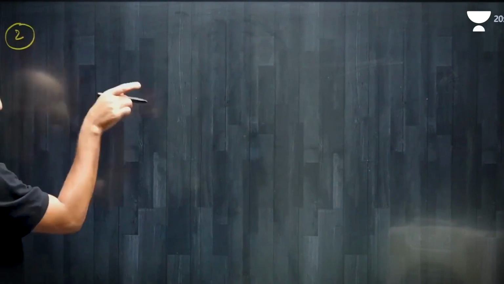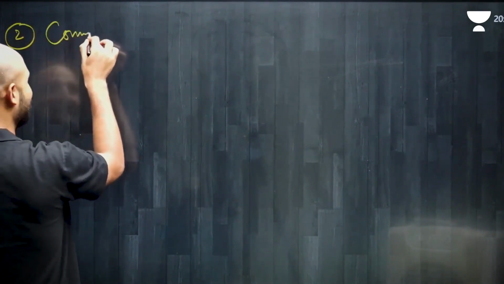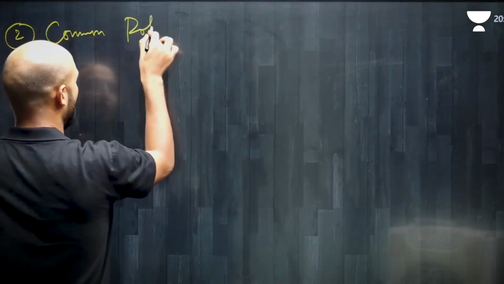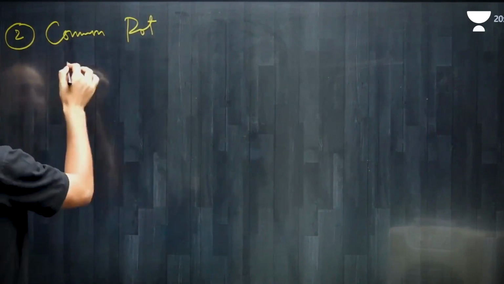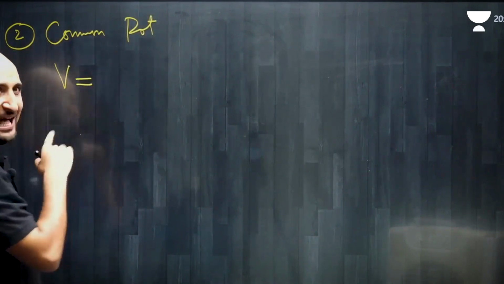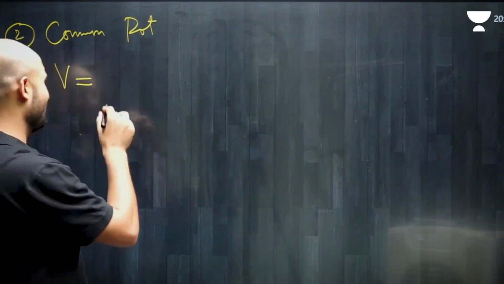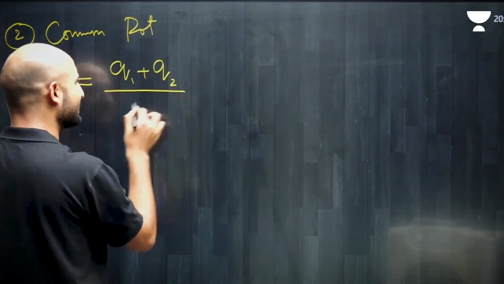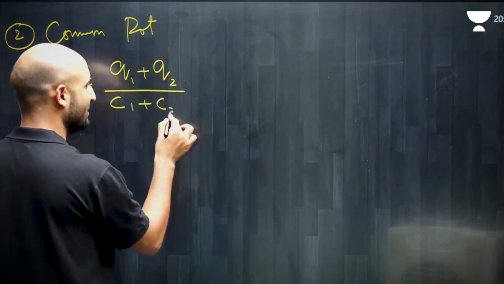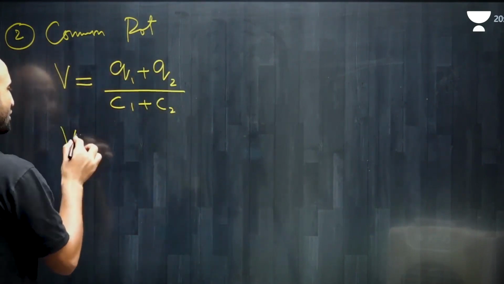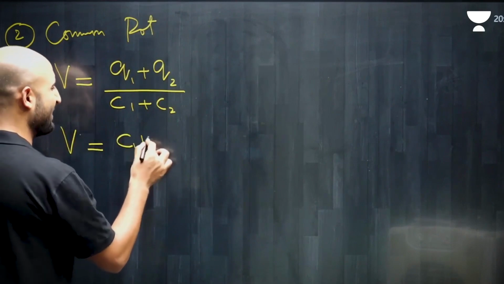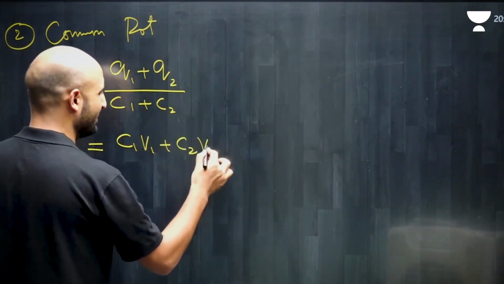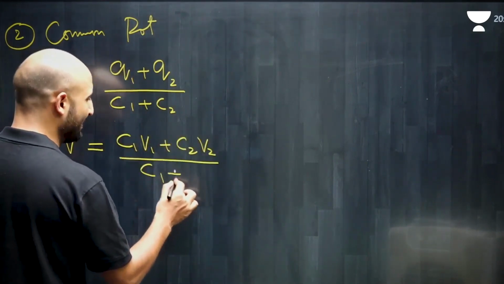Number two, what will be the common potential? Exactly the same equation. Your common potential will be equal to the total charge, that is Q1 plus Q2, divided by the total capacitance, that is C1 plus C2. Or you may write it as common potential equals C1 V1 plus C2 V2 divided by C1 plus C2.